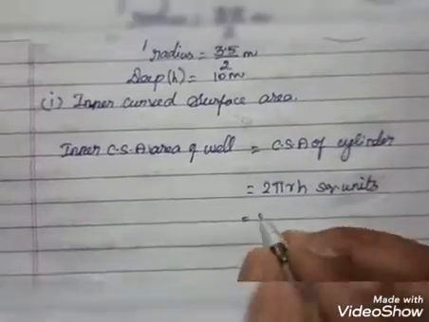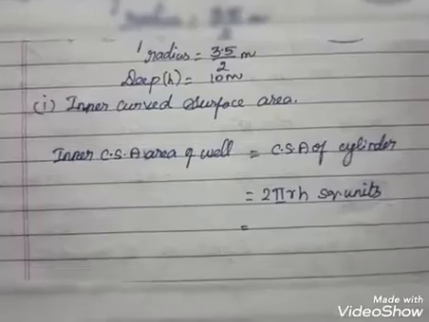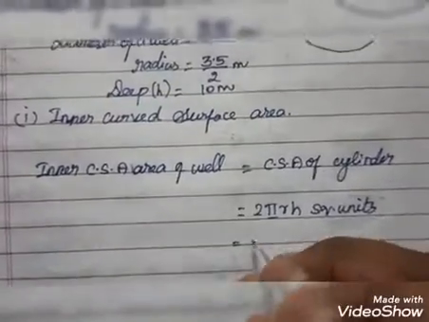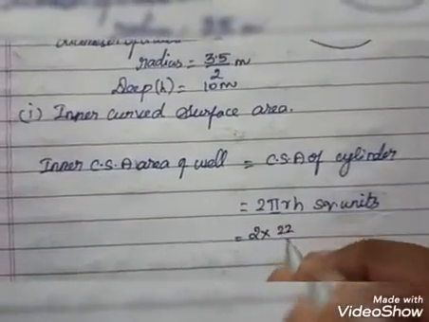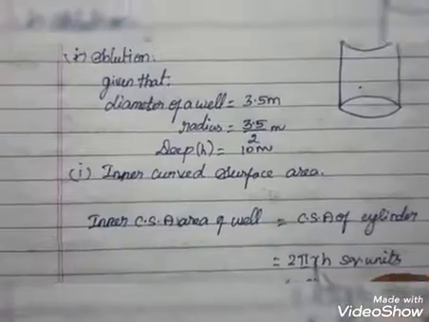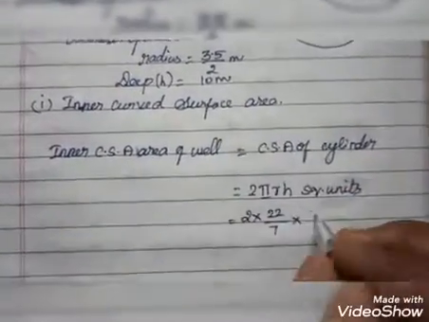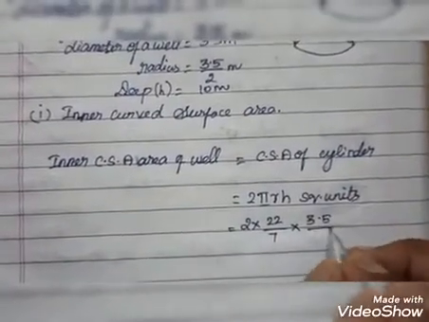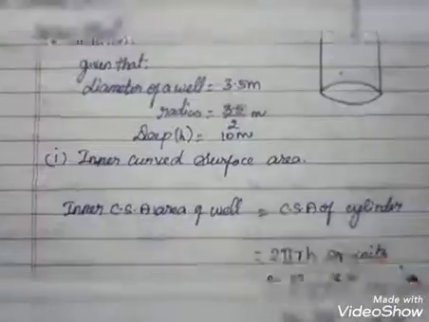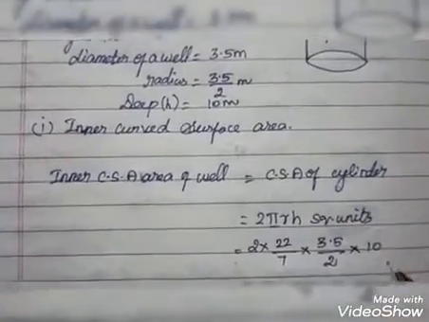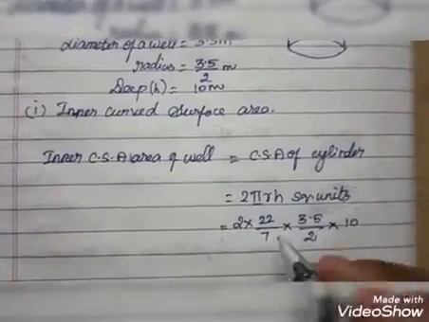So you know the value of pi, we need to substitute. So directly 2 into 22 by 7 into the radius, which is 3.5 by 2, and the height is 10 meter.